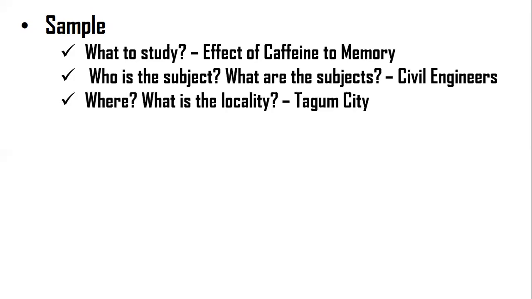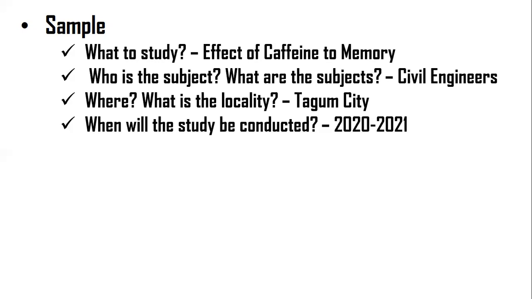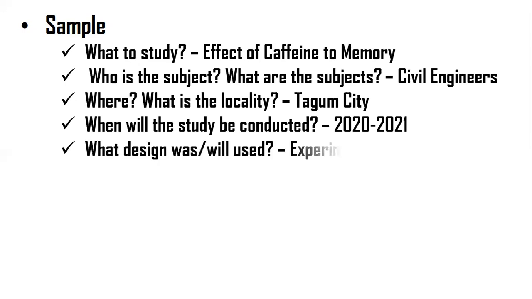Where or what is the locality? Let's have Tagum City. Then when will the study be conducted? Let's say school year 2020-2021, or just year 2020-2021. So what design was or will be used in the study? I used the word "was" because just as I have told you, you can finalize your research title at the end of the conduct of your study.